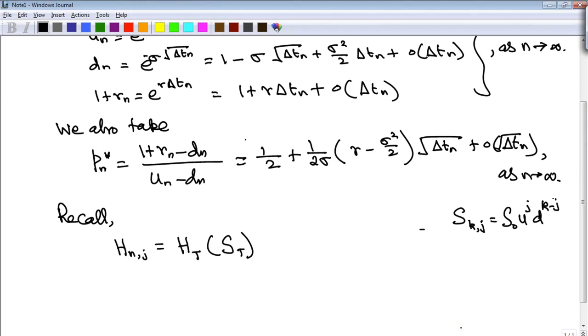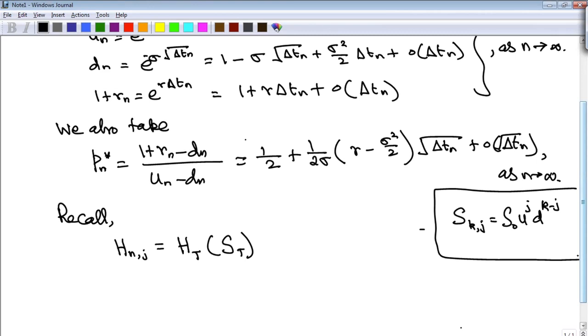This is how we generally represent this, the price at the time tk is obtained by going upward j times and downward k minus j times.